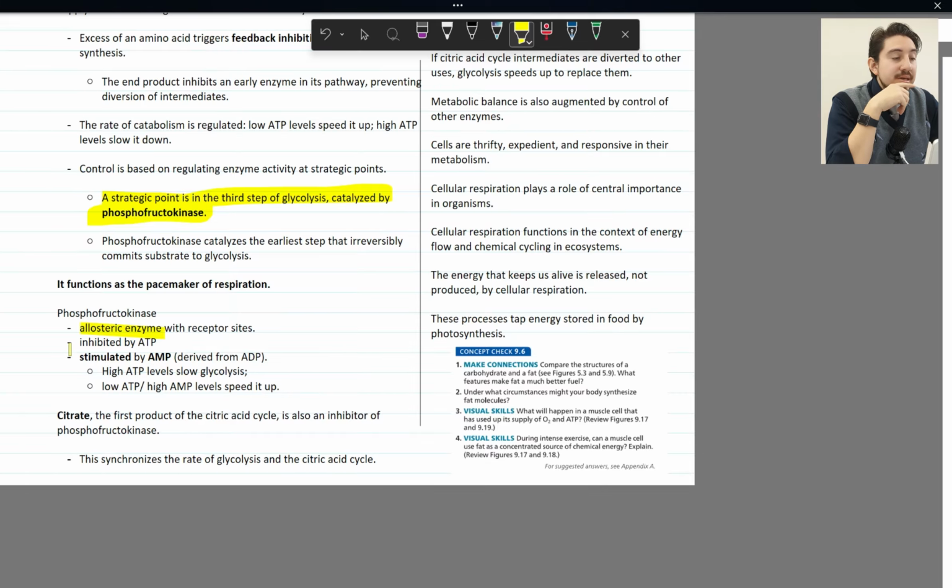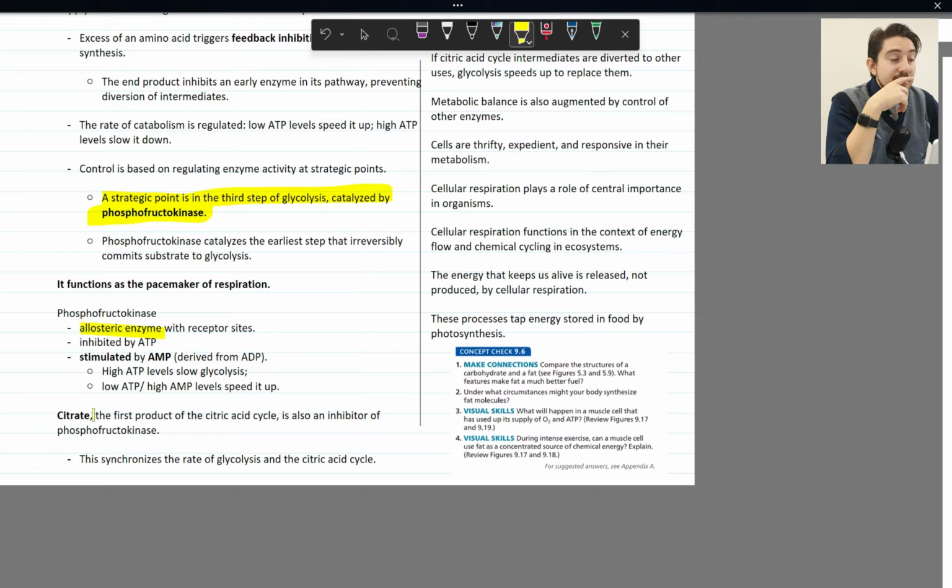And how is this AMP and the stimulation occurring? High ATP levels will slow glycolysis down. If you have low ATP levels, that means you're consuming ATP and you're producing ADP, and then further down, the body will produce AMP. So these concentration differences will stimulate phosphofructokinase.